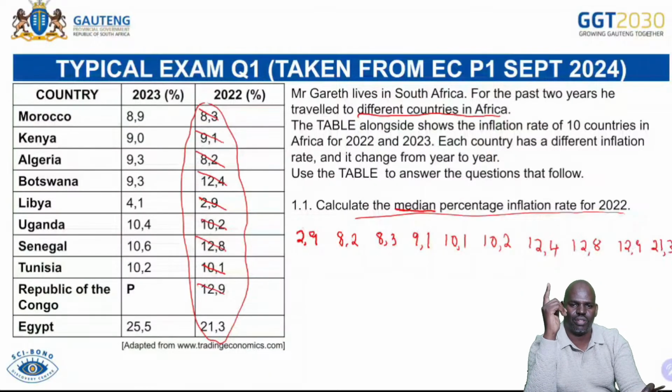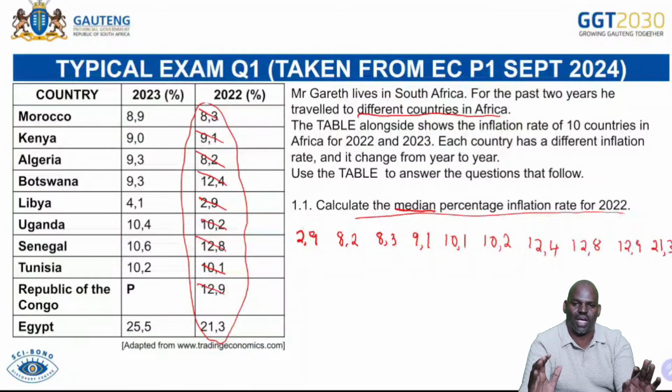Then the next question you need to ask yourself: how many values are here? There's 10 of them. Is 10 an even number or an odd number? If you don't know what I mean by this, it will be homework. But in the case of even, I mean 10, it's an even number.